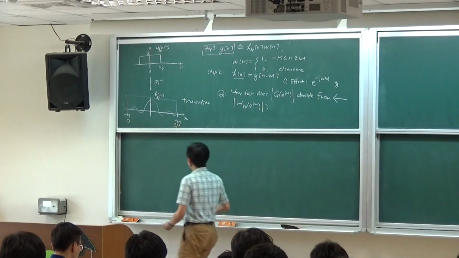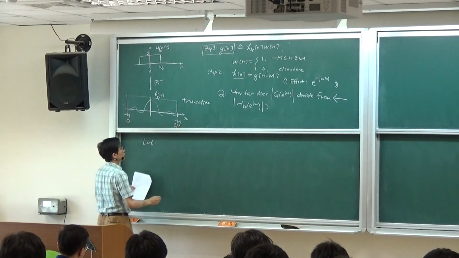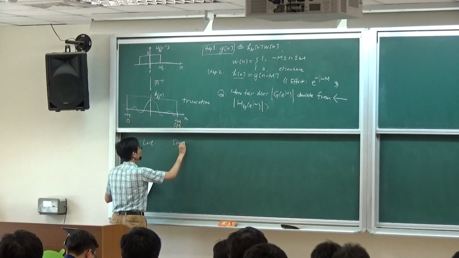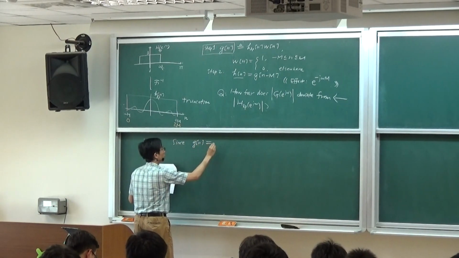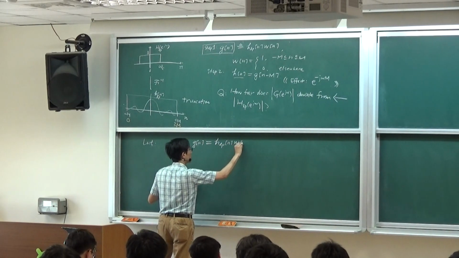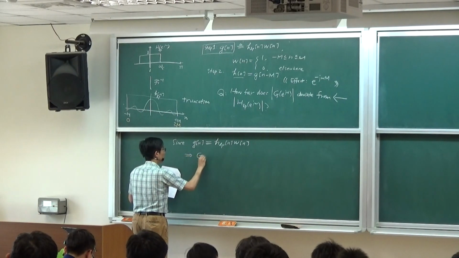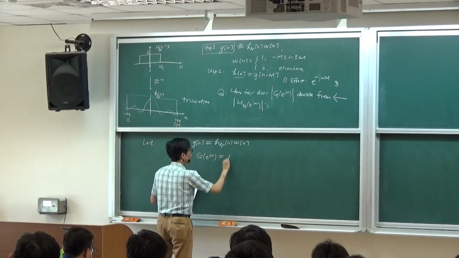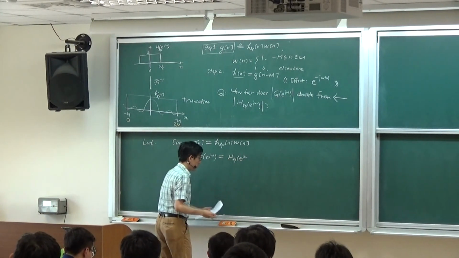So last time we talked about this: since our g of n is a multiplication of our ideal response with the window function, the effect in the frequency domain will be convolution.